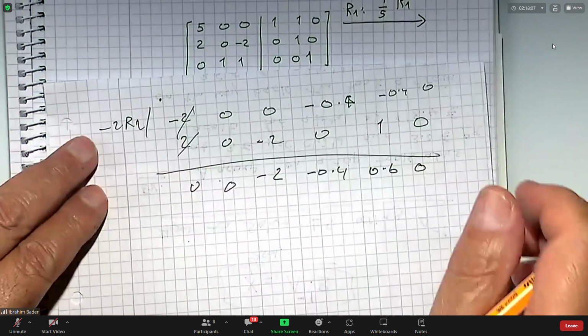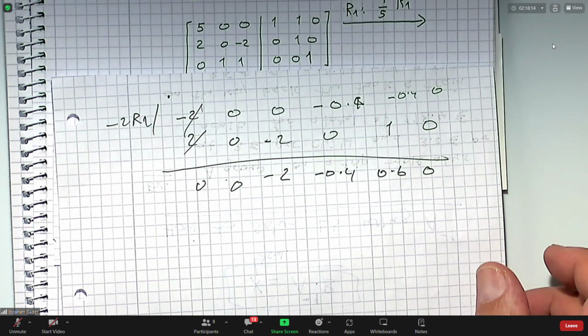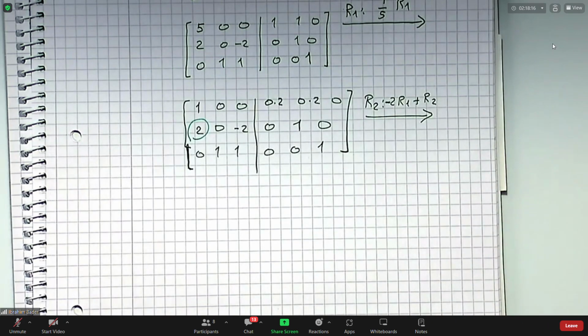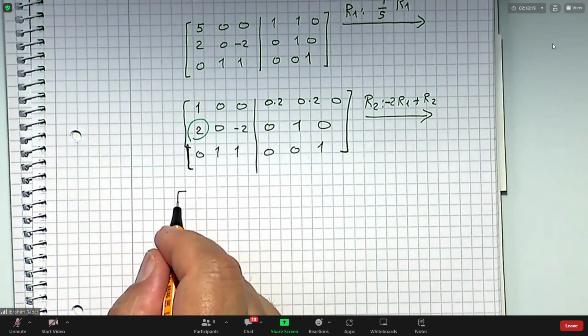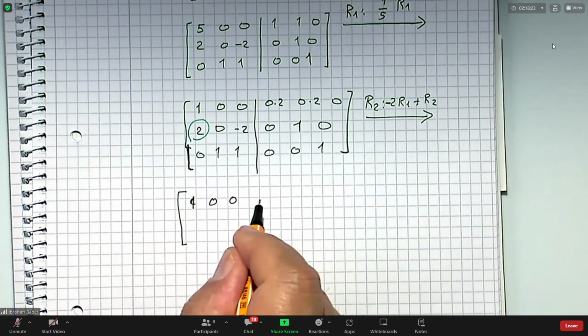Okay, I hope you're okay with this calculation. So let me just write it here. So this is the second row. So the first one is not changed.